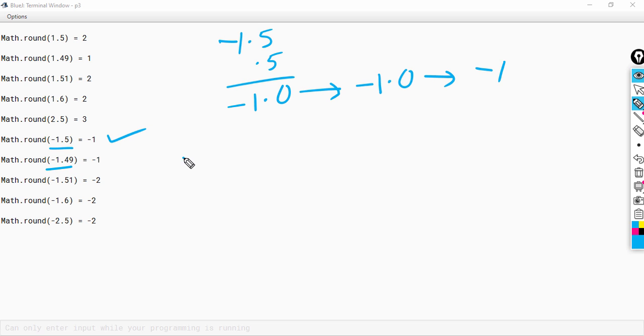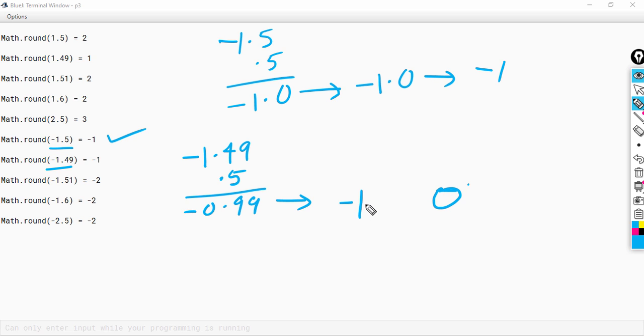Minus 1.49, minus 1.49 plus 0.5, that will give you minus 0.99, okay. So minus 0.99, its floor value will be, so minus 0.99 comes between 0 and minus 1, okay.